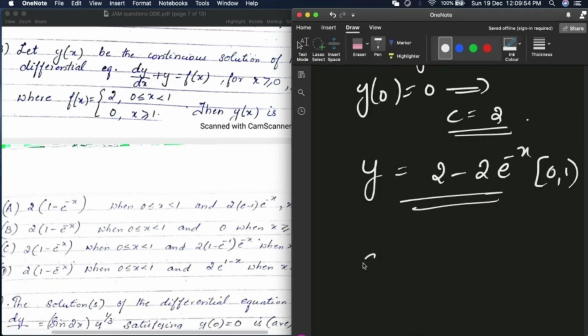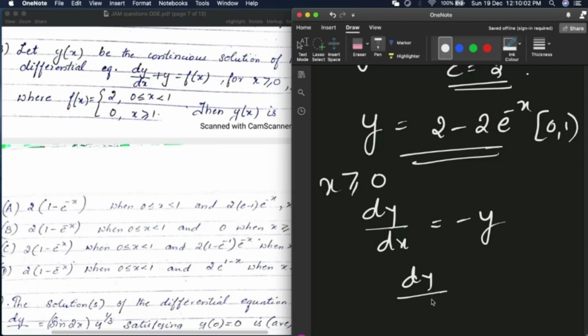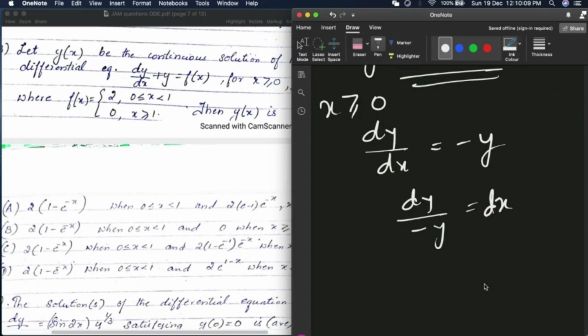Now in the second case, it is dy by dx is equal to minus y for x greater than or equal to 0. It's variable separable only. So it is log of y is equal to minus x plus c.